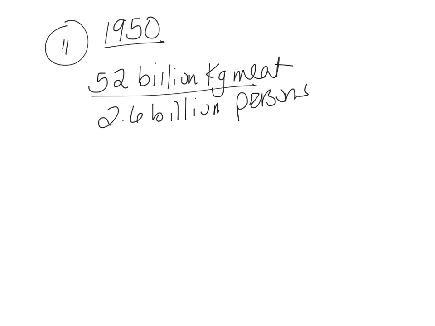So one of the nice things is that since you're not allowed to use a calculator, they cancel, and the math doesn't end up being terribly difficult. Look, I can cross out billions here. And so now my 2.6 going into 52 is pretty easy. I didn't have to worry about all those zeros.